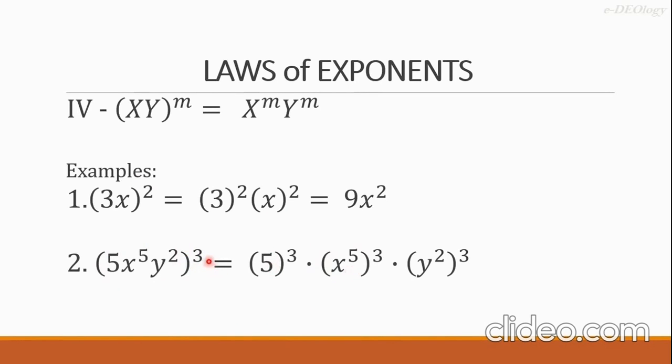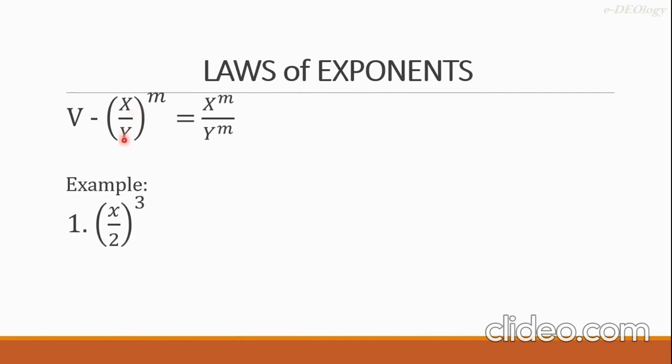Also the exponent 3 is distributed to the term y square. And then we will simplify. So 5 cubed is 125, x raised to 5 cubed becomes x raised to 15, and y squared cubed becomes y raised to 6. So the final answer, 125 x raised to 15, y raised to 6.